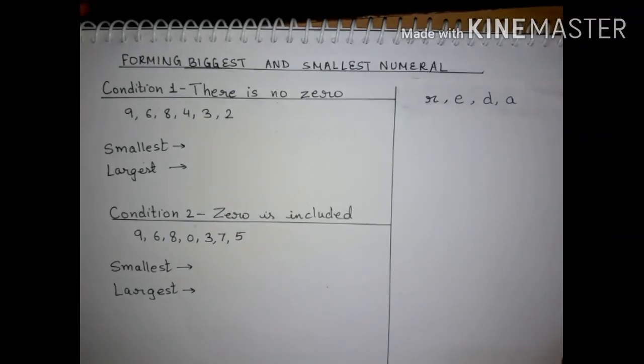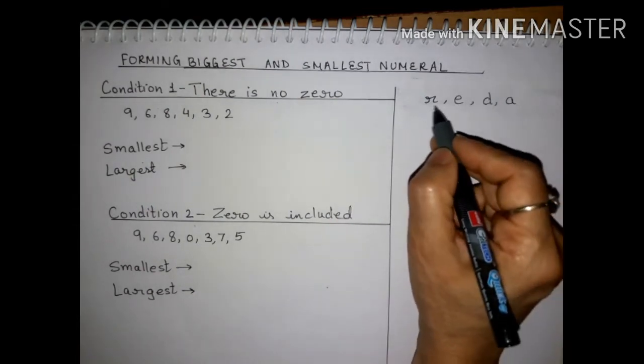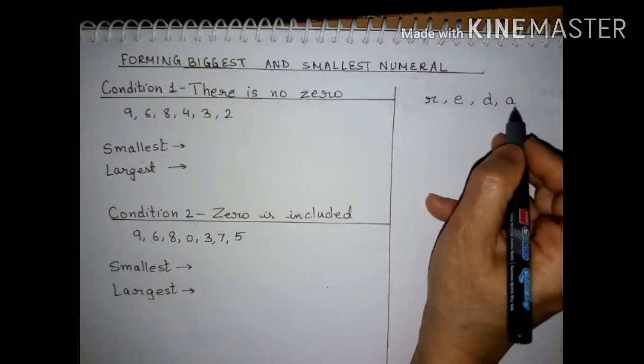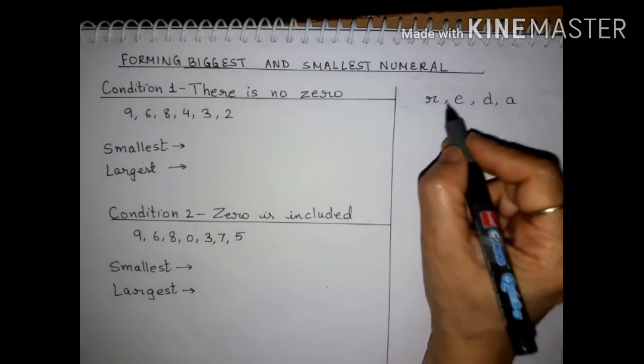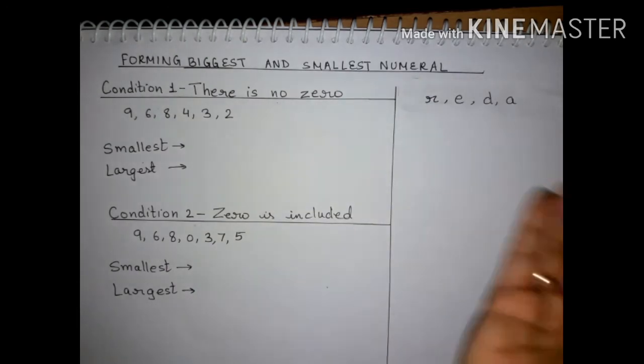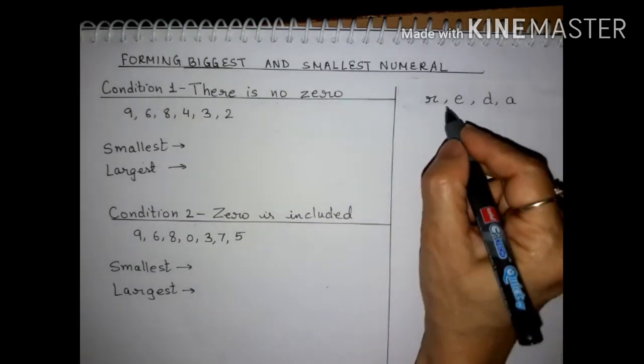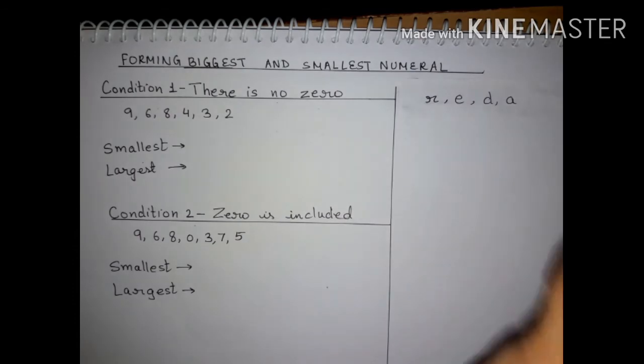Okay children, now I am going to teach you how to frame the biggest or the smallest numeral from the given digits. For that, let me take a very simple example. You all have been reading English, right? Now, if you have the letters R, E, D, A like that, okay? Now, these make no sense, but if we combine them, they are separated by commas here, but if we combine them by removing the commas, we can get some words.